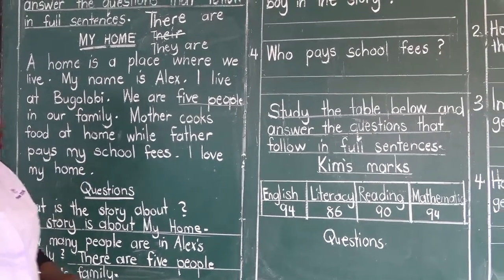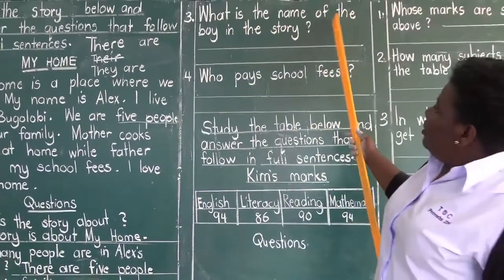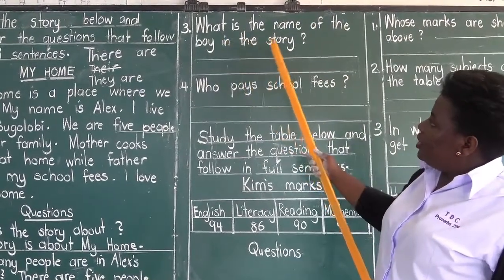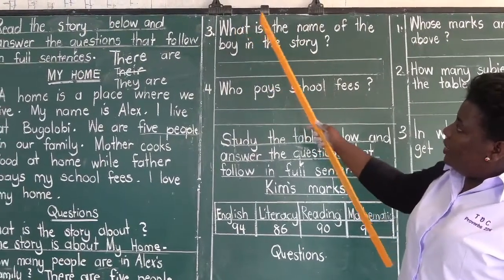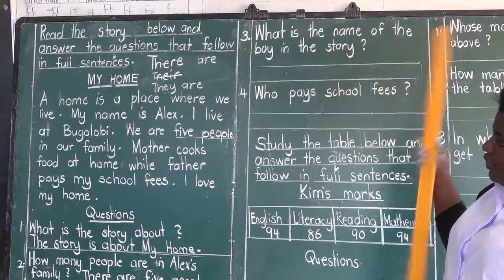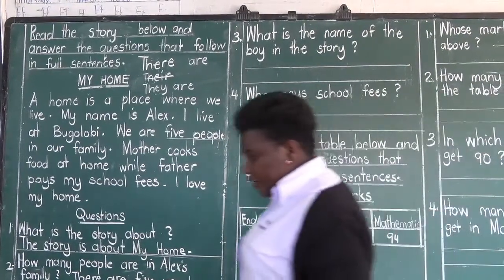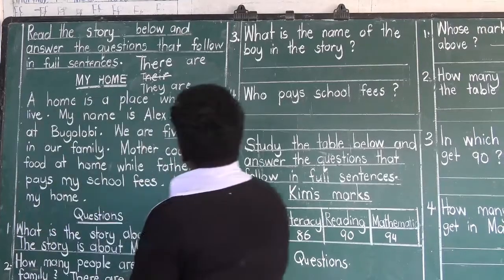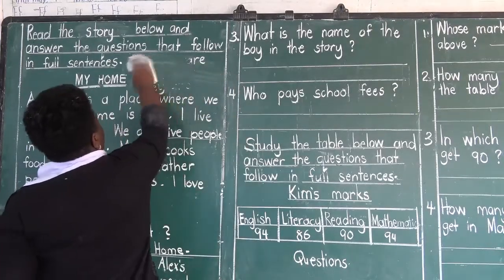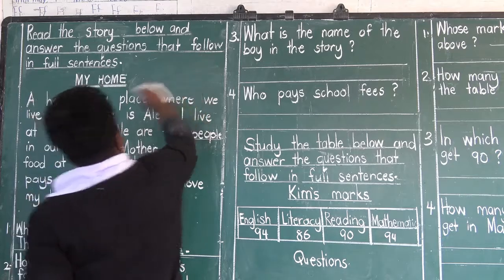The next question says, what is the name of the boy in the story? You go back in your story. I told you have to be a very good copycat. You have to be good at copying correct things.